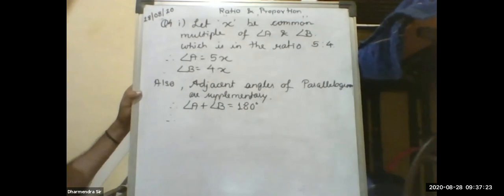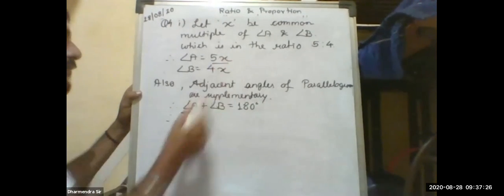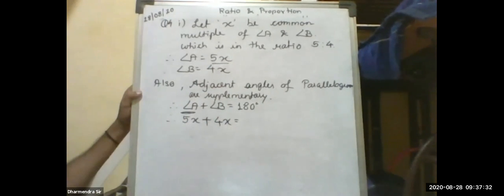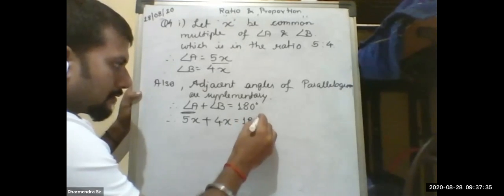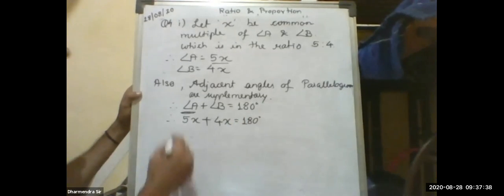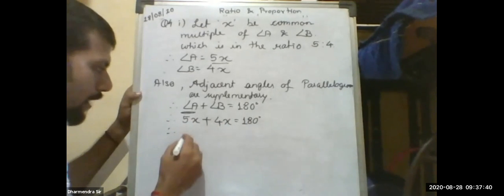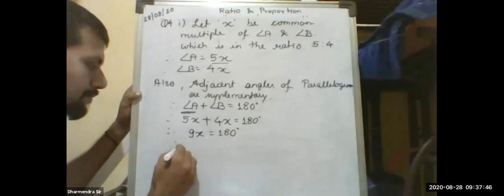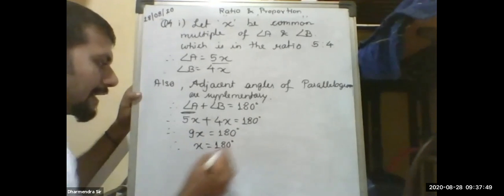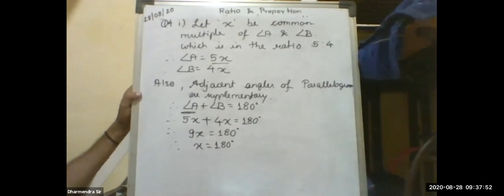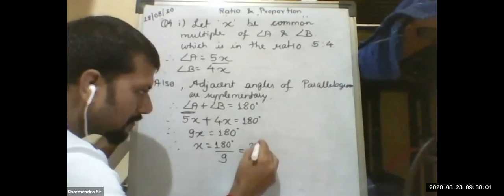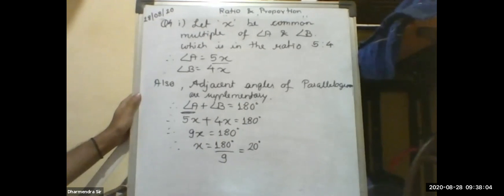The value of angle A is 5x, and the value of angle B is 4x. So add them: 5x plus 4x is 9x, which is equal to 180 degrees. So therefore, 9x equals 180 degrees. It is in the form of multiplication on the left-hand side. When it goes to the right-hand side, it will be in the form of division. After dividing by 9, we get x as 20 degrees.